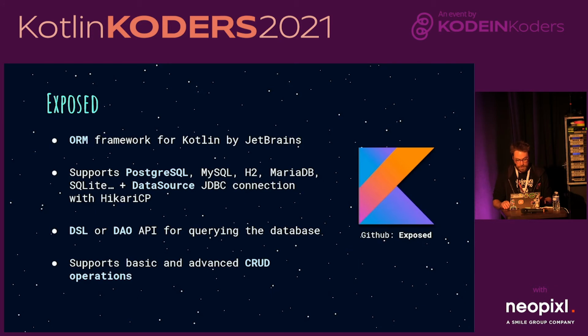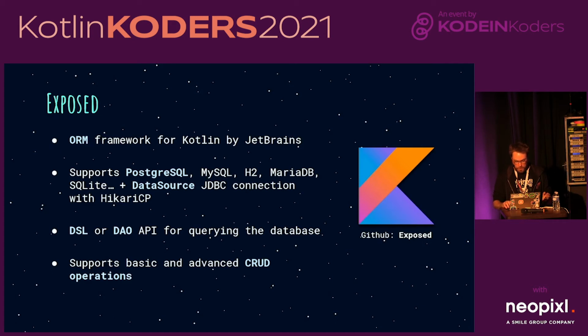And it has a data source for the JDBC connection, for example, here with HikariCP. To query the database, you can go both ways. If you want to go for DSL, that's fine, or you can go for the DAO API. It's up to you. It supports basic and advanced CRUD operations, so we can do whatever we want.